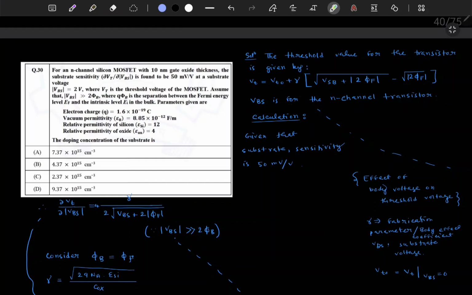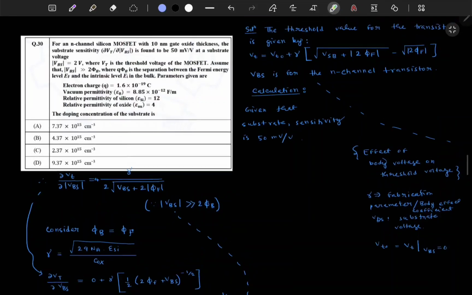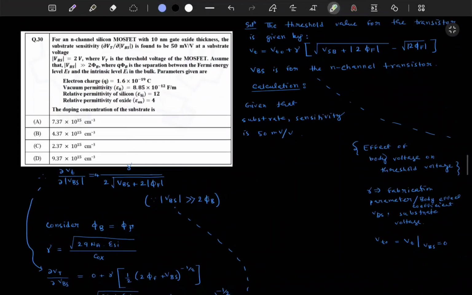VBS is the substrate voltage, and gamma is the fabrication parameter or body effect coefficient, and VTO is the threshold voltage when the substrate voltage is 0. This is for the n channel transistor.